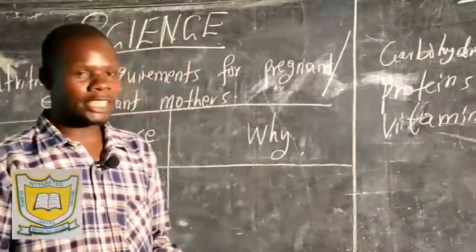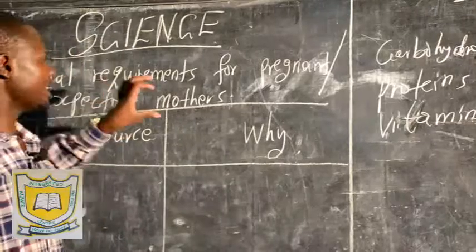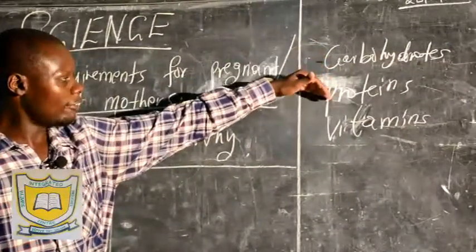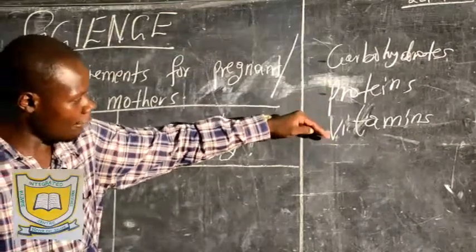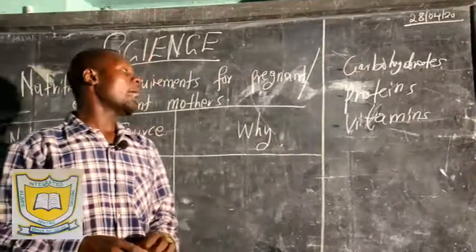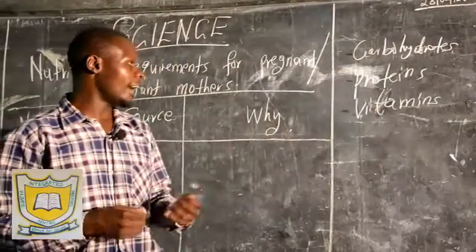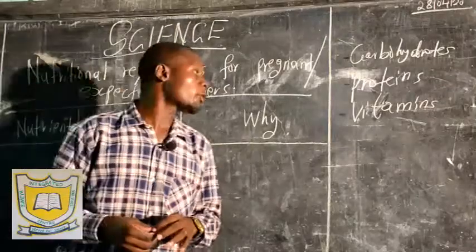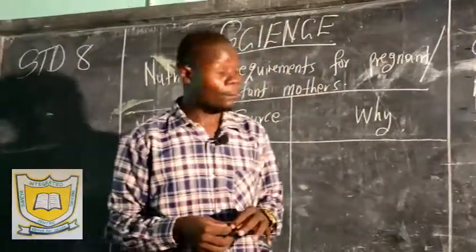So the diet taken by the pregnant mother should have carbohydrates, proteins, and vitamins. To add on this, we should also provide supplement foods that have different nutrients for the strong growth of the mother and the baby in the womb.